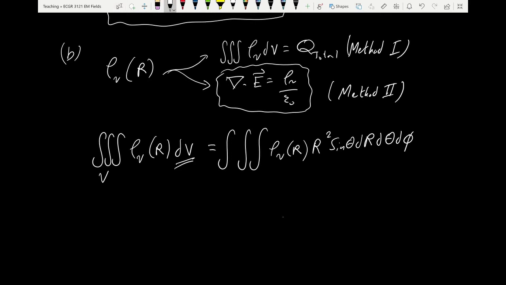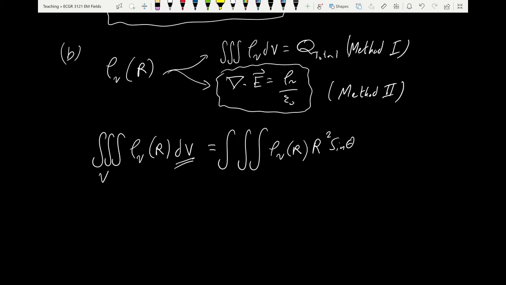Now I don't know what function of r rho v is, but I know it's not a function of theta or phi, so we can still integrate over theta and phi. Let me rearrange those.